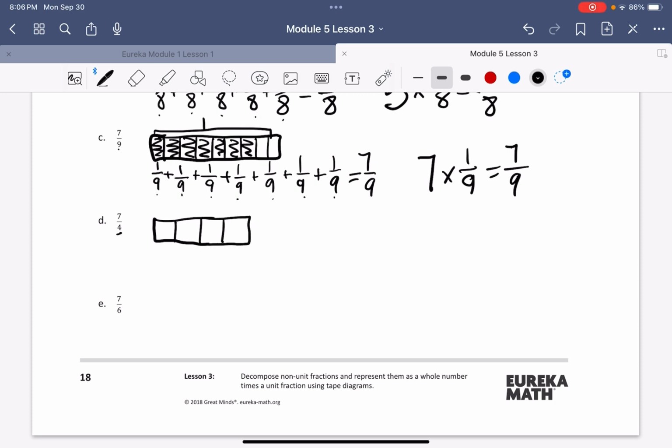So now I have 4, which equals one whole. But I have to get it to 7. So I need to draw 3 more boxes. Okay, now I can shade in 7/4.